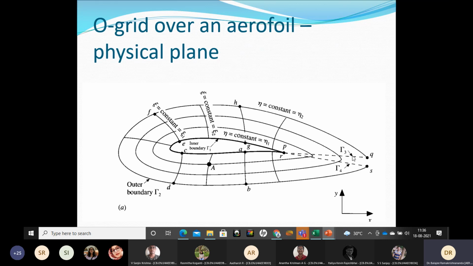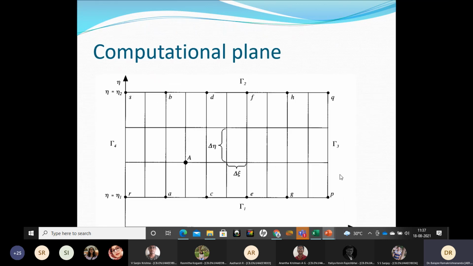Look at these small dotted lines here. Gamma 4 is here, gamma 3 is here. So this gamma 4 and gamma 3 are actually the same boundary. In other words, if you assume something here and proceed and get something here, these two should be the same, gamma 3 and gamma 4.